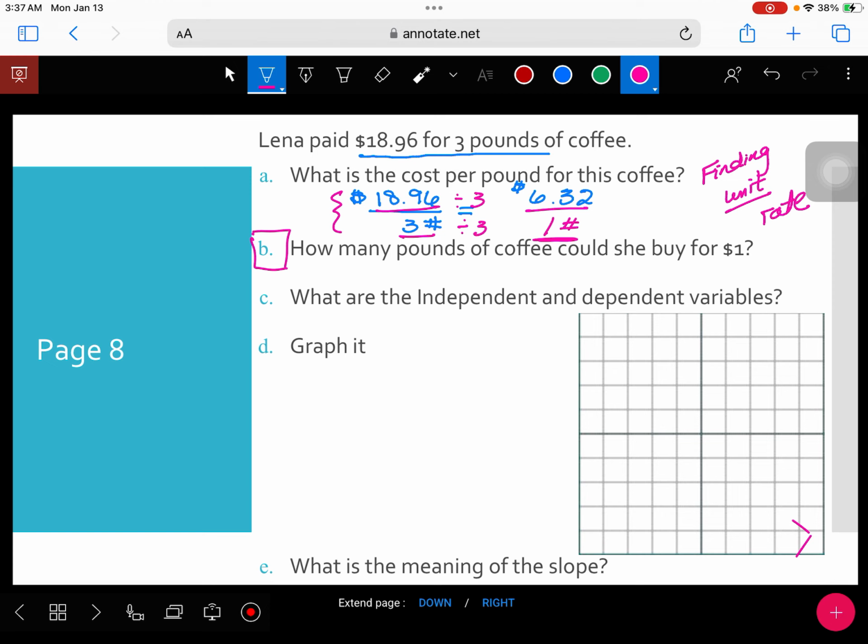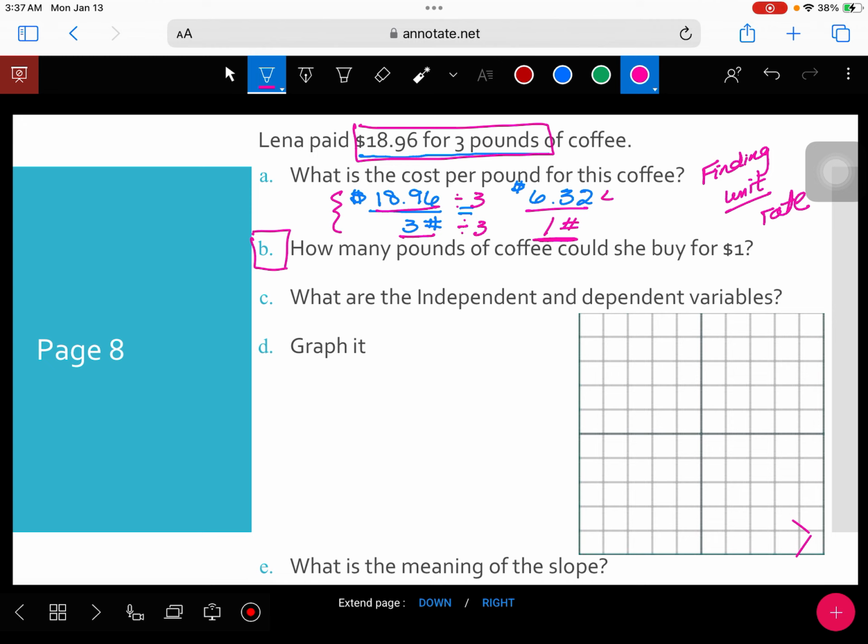So I think for letter B, my second period class, I think we found this. Fourth period, just ran out of time. It says, how many pounds of coffee could she buy for $1? Okay, how much could she buy for $1? Well, you have to go with what you know.